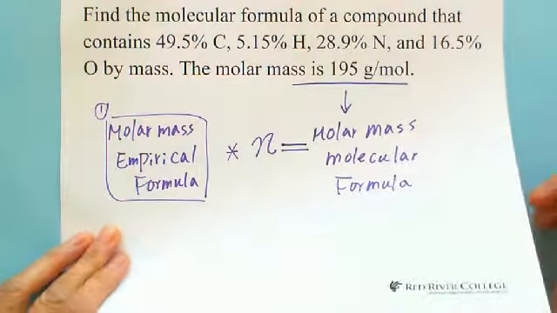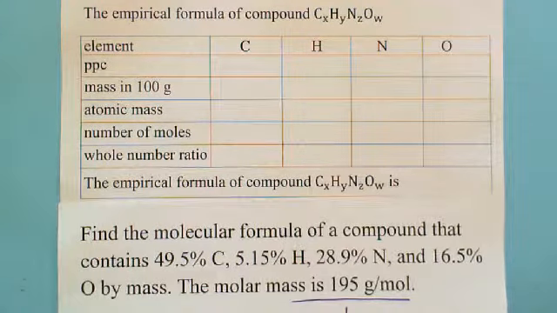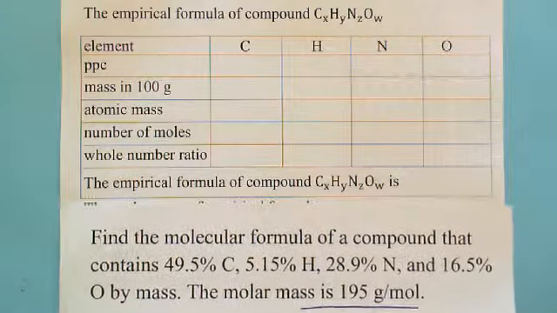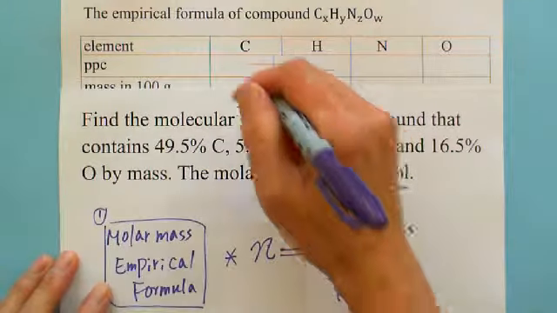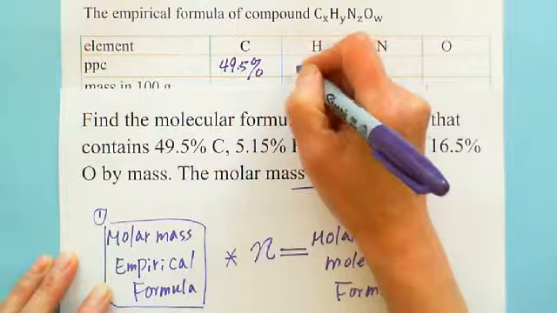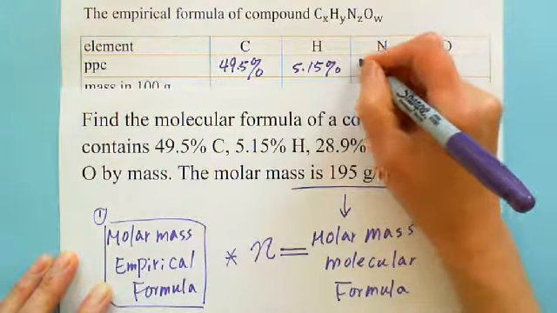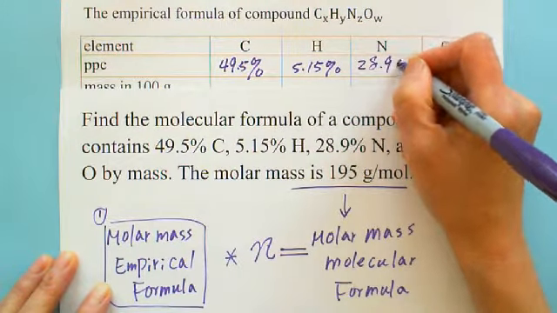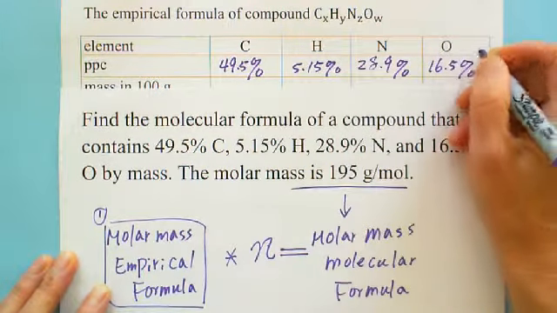Okay, so I set up a table. I say this compound is CxHyNzOw. The percentage composition is 49.5% of carbon, 5.15% of hydrogen, 28.9% of nitrogen, and 16.5% of oxygen.